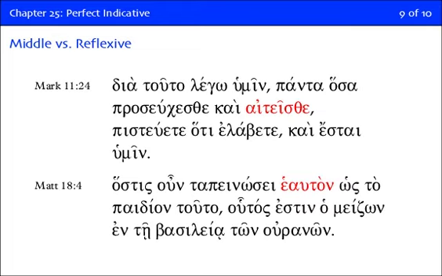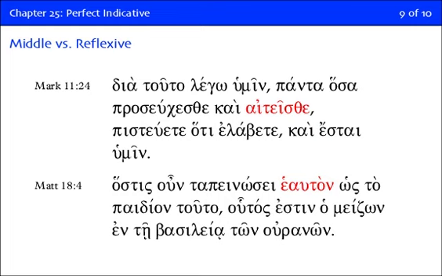Now here's one of the best examples I know of. Mark 11:24 says, "Dia touto, for this I say to you, all things whatsoever proseuchesthe, there's the deponent, proseuchomai, that you pray and aiteisthe."